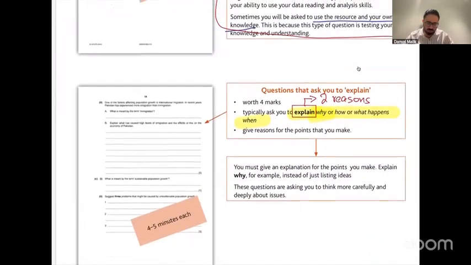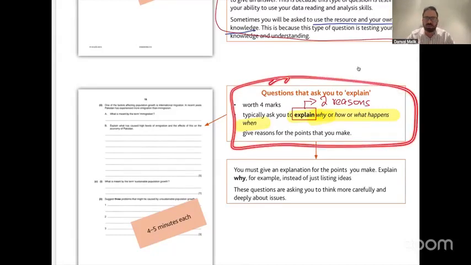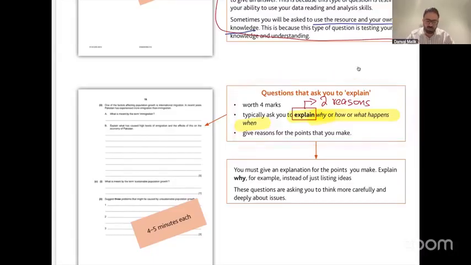Then part C is normally the question which requires you to explain. Now, these are the main marks scoring or marks losing questions, where you have to explain. This question is typically 4 marks.